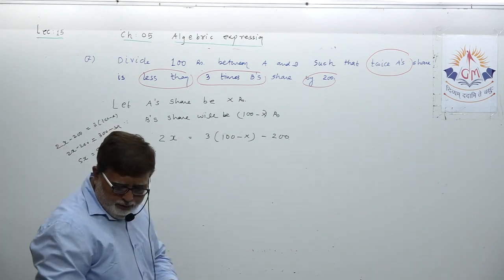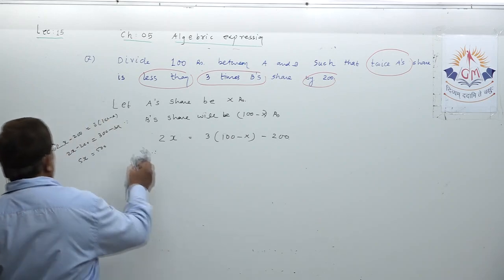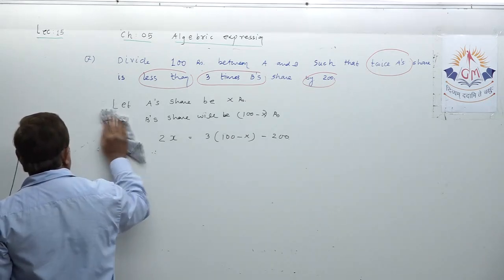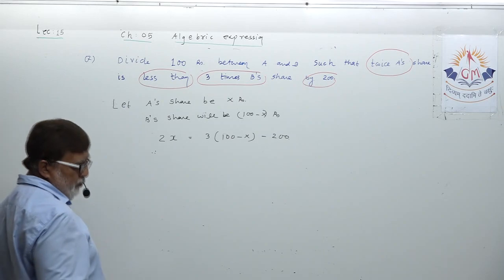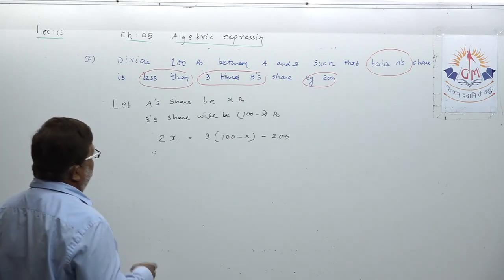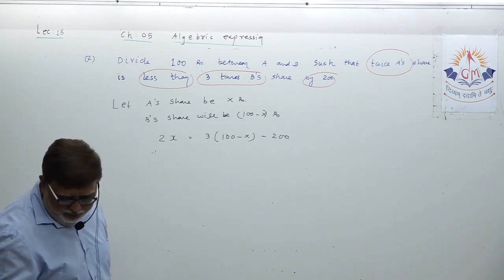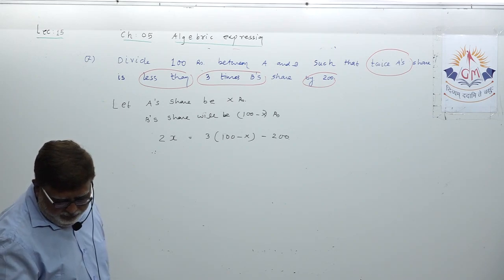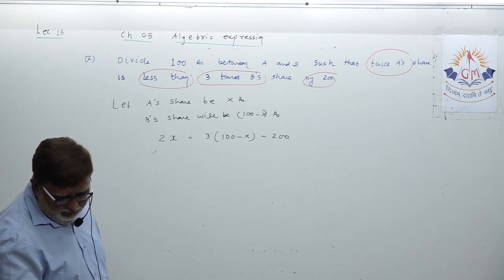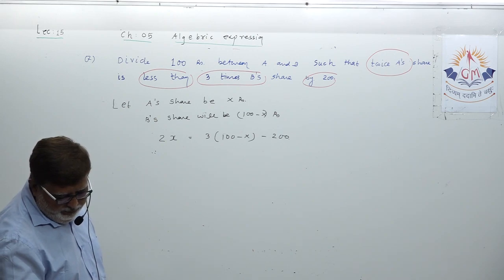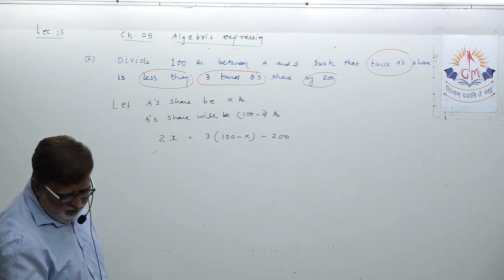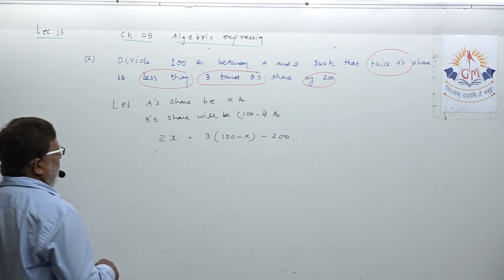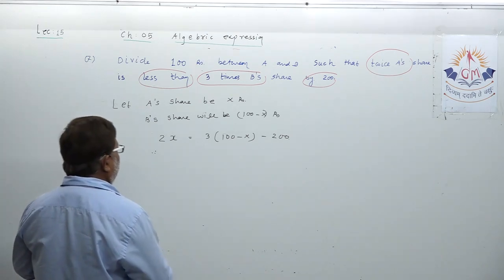Just a minute. A little complicated statement to understand, okay. Twice A's share that we have taken, twice A's share is less than 3 times B's share by 200.